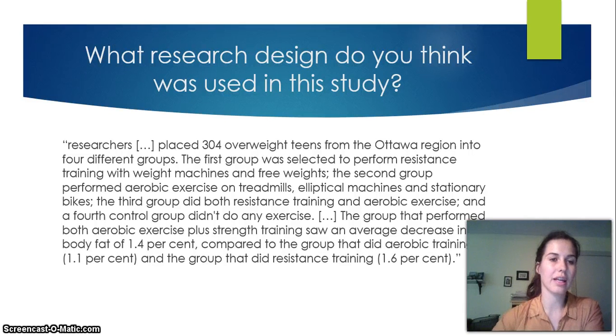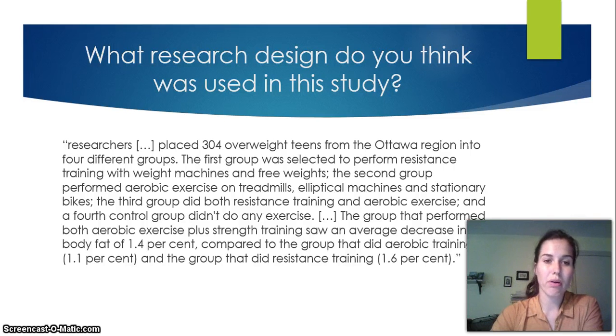Here, a study quoted that says researchers placed 304 overweight teens from Ottawa region into 4 different groups. The first group was selected to perform resistance training with weight machines and free weights. The second group performed aerobic exercise on treadmills, elliptical machines, and stationary bikes.